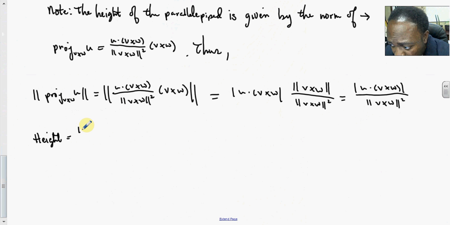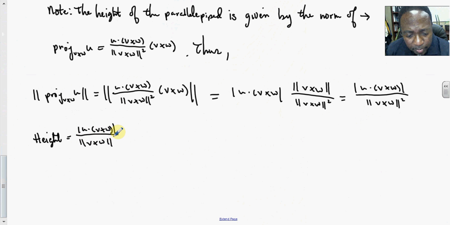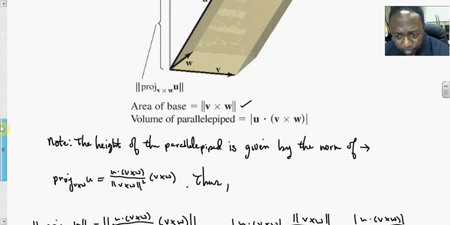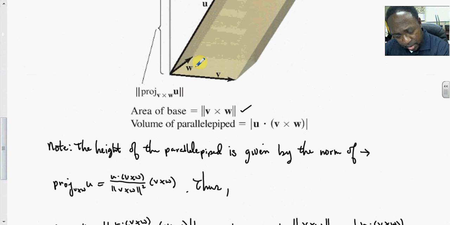Absolute value of u dot v cross w divided by the norm of v cross w. Now the base is equal to the norm, look at that, the base area is equal to the norm of the cross product of v cross w.